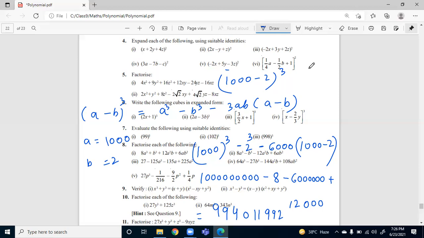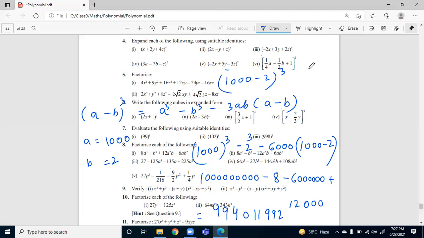It is correct. Ma'am, mine was a very big number. Yes, it is very big. Otherwise, if you multiply 998 into 998 into 998, that is very time consuming. This identity makes the calculation easier.